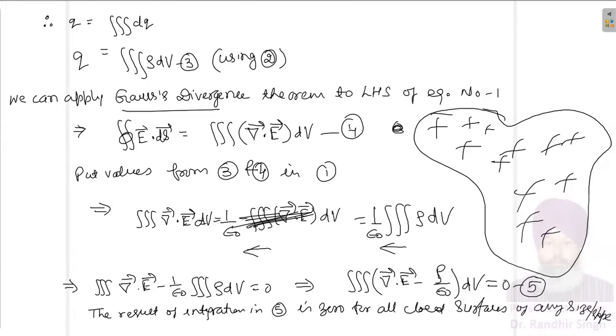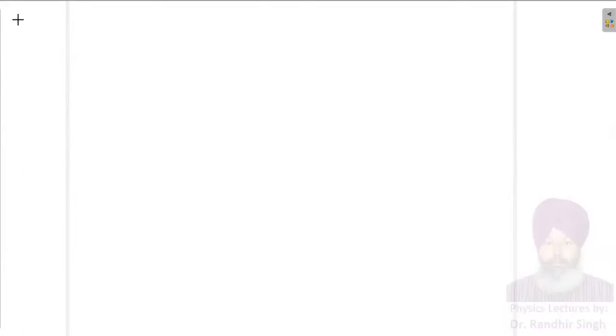Or this is equivalent to saying that the integration is 0 independent of limits of integration. Therefore we can say that the integration is 0 independent of limits of integration.